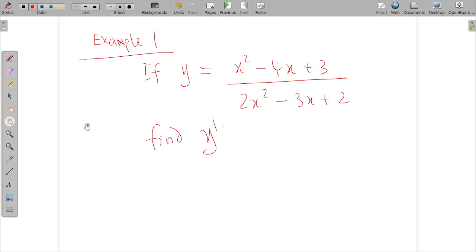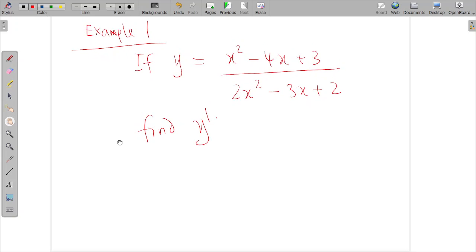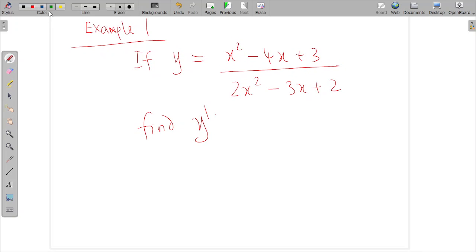We want to find the derivative of y. If you look at this, the numerator can be called u and the denominator v. So obviously we are supposed to use the quotient rule on this.